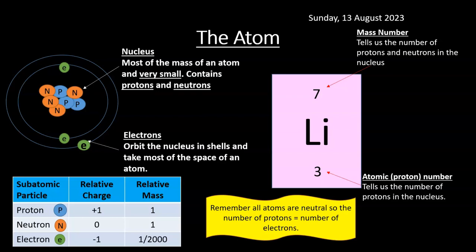The bigger number, in this case 7, is the mass number. This is the number of protons plus neutrons in the atom of lithium that we are looking at. This number does vary. The number of neutrons is not fixed. The number of neutrons does vary, giving different masses.